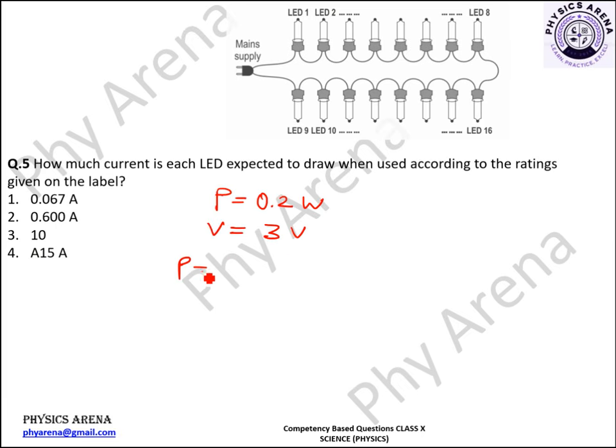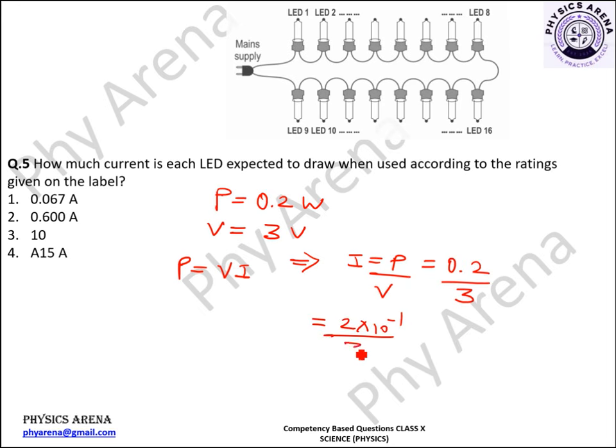We know that P is equal to VI, and from this I can write I is equal to P upon V, that is equal to 0.2 divided by 3. So we can write it as 2 multiplied by 10 to the power minus 1 divided by 3. And 2 upon 3 is 0.67, multiplied by 10 to the power minus 1. So that will be equal to 0.067 ampere. So this is the amount of current the LED will draw when it is connected according to the ratings given in the label. And from the given options, option 1 is the correct answer.